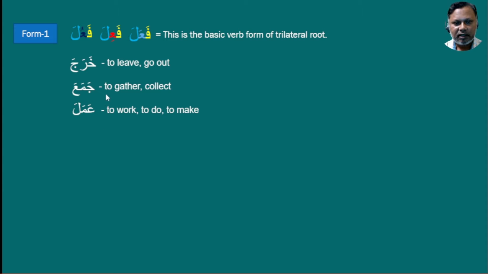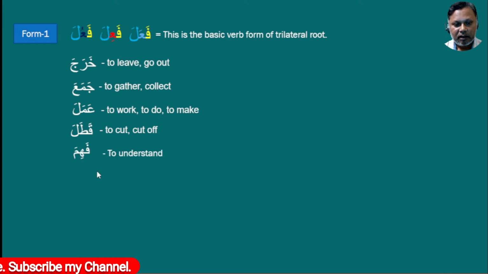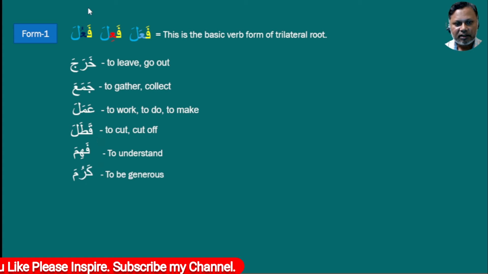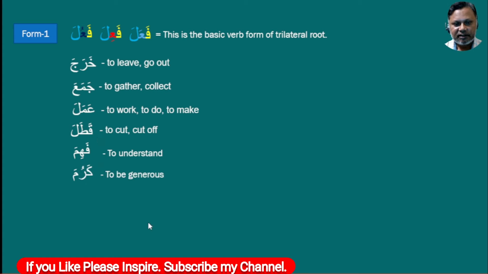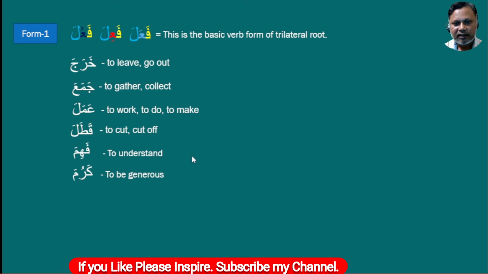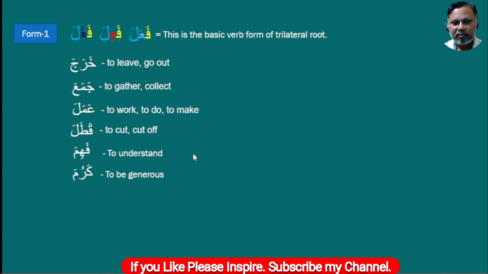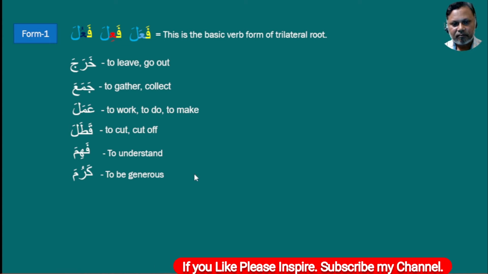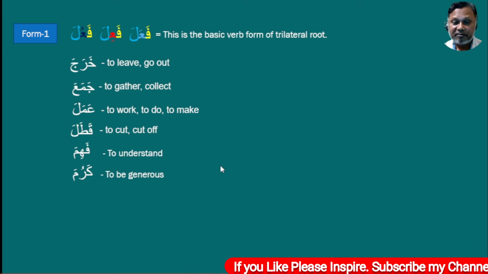These are under the basic pattern fa'ala, and fahima is under the pattern fa'ila, and karuma is under this pattern. These are the basic patterns, the starting verb of the root letters that indicate the basic meaning.